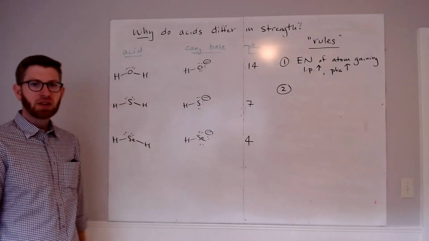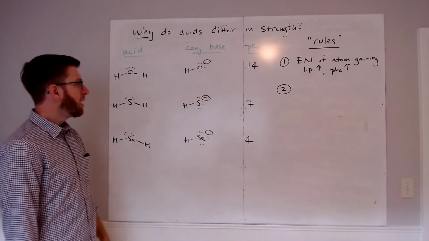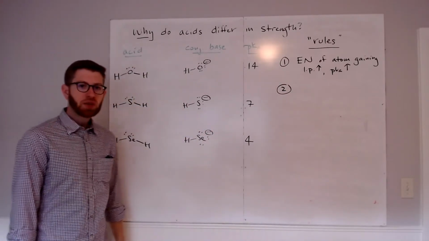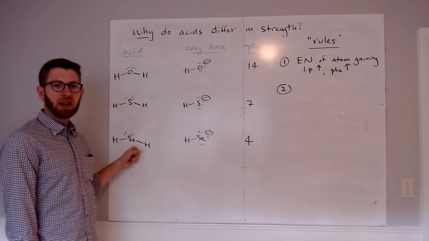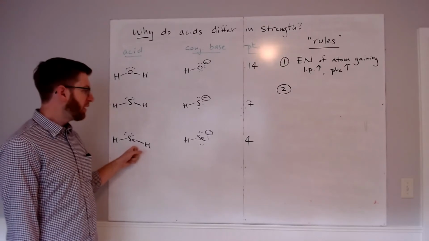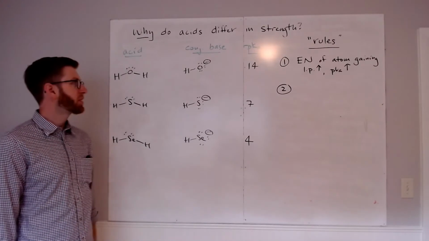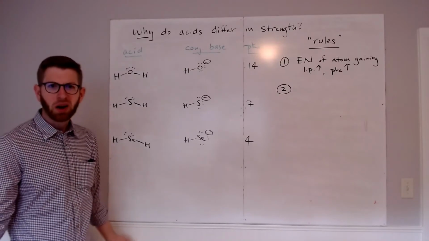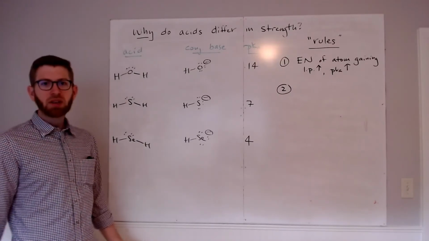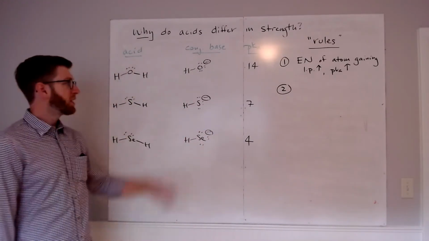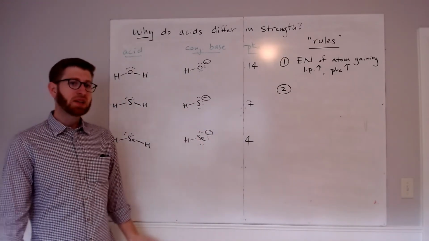They're becoming negatively charged. And it looks like this rule is actually directly contradicted. What we actually see is that the least electronegative element, selenium, apparently has the most stabilized pair of electrons once it becomes its conjugate base. Weird. So clearly, just having this electronegativity rule is not enough, because we see some cases where that rule breaks down.